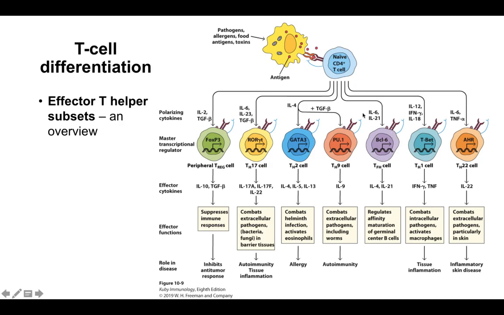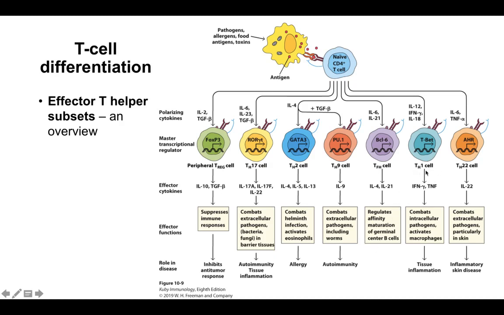They're promoted by IL-6 and IL-21, and they can make IL-4 and IL-21, and they will help the generation of B cells and the maturation of the germinal centers. So these T cells are important for interacting with B cells in the germinal center.